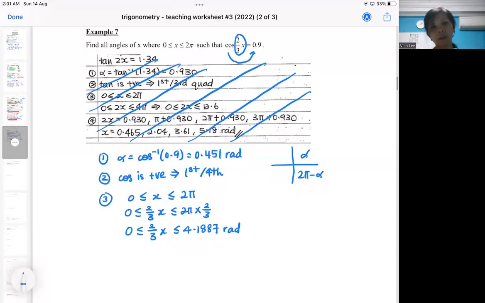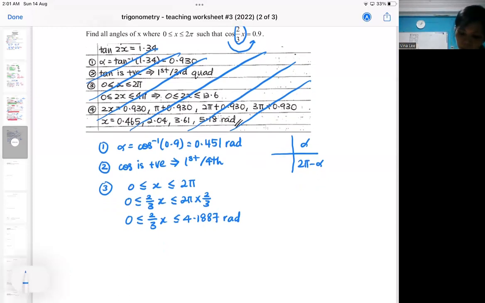So 2/3 x is allowed to go to 4.1887 radian. So let's try to get the answer. So 2/3 x is going to visit the first quadrant. First quadrant is 0.451. 2/3 x is also going to visit the fourth quadrant.